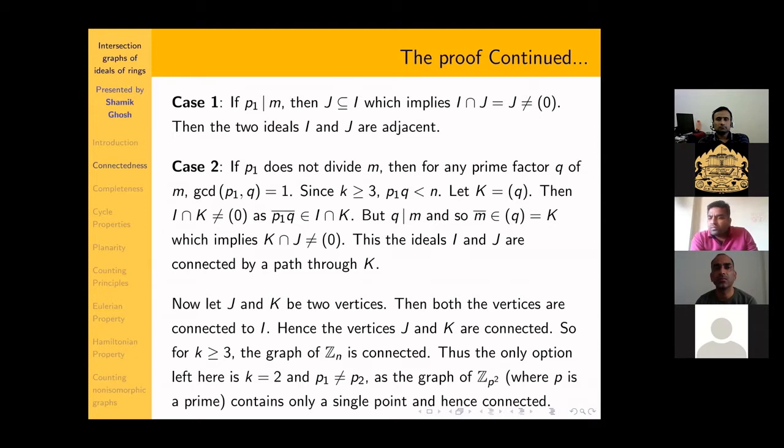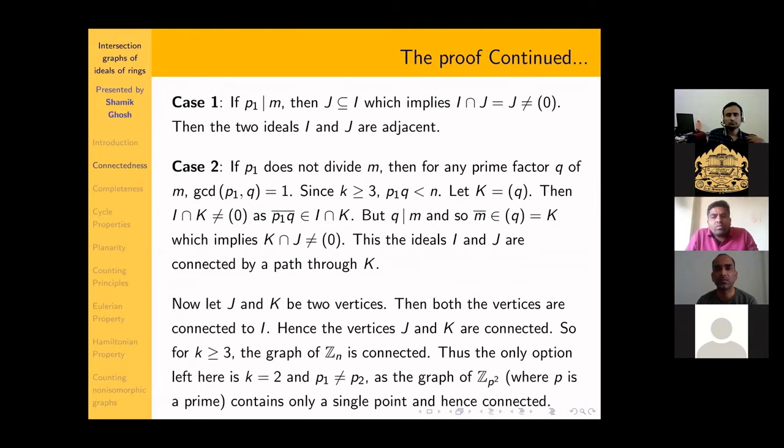Sorry. So in this case, consider any prime factor of M, say Q. Since P1 does not divide M and P1 is a prime, P1 does not divide any factor of M. So their GCD is 1, and suppose we consider the ideal K generated by Q. Naturally, since the number of primes, that is k, is greater than or equal to 3, the product of 2 primes cannot be equal to N, so it is less than N, so the ideal K is non-trivial.